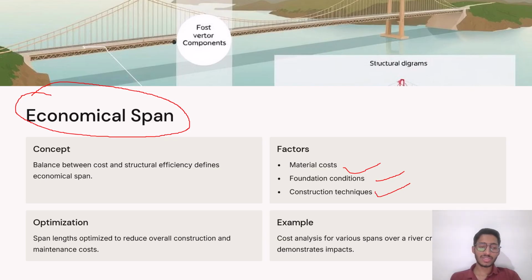Then optimization: span length is optimized to reduce overall construction and maintenance cost. The economical span concept revolves around the cost of construction and the efficiency of that bridge. Then an example is cost analysis for various spans over a river crossing; it demonstrates the impacts.